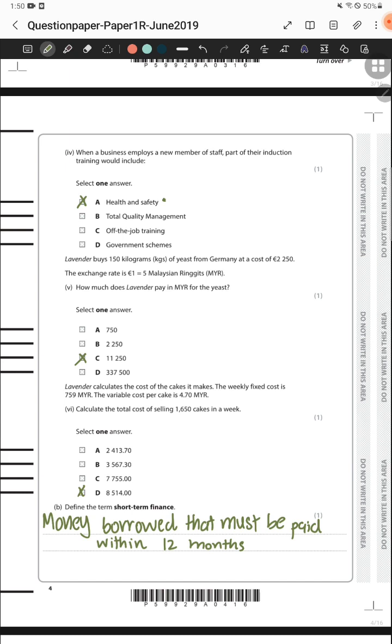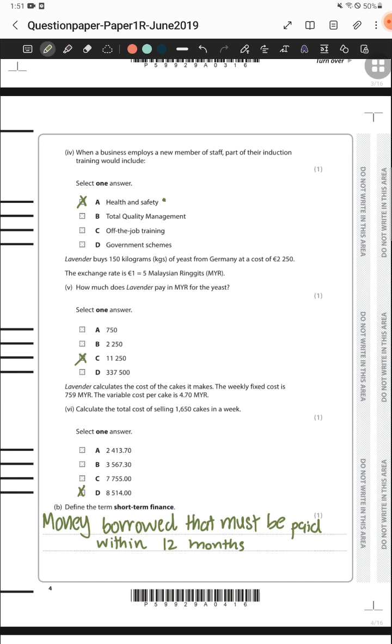There's off the job and there's on the job. Off the job basically wastes time, but it produces better results than on the job because a lot of mistakes could be made on the job. But here they didn't state which kind they're using, so you can't really pick this one. Total quality management isn't a part of this. Government schemes as well, so the health and safety option is the answer.